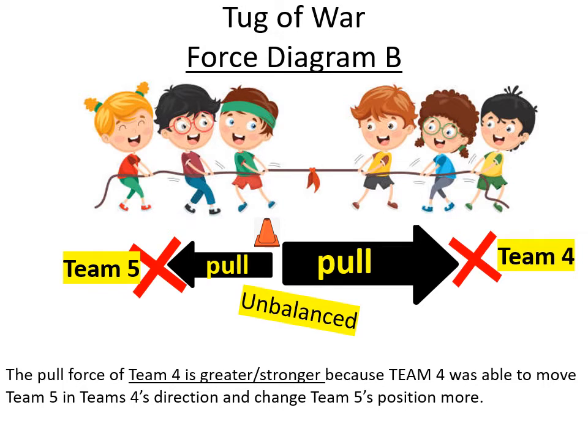However, when the pull force of Team 4 is greater and stronger because Team 4 was able to move Team 5 in Team 4's direction and change Team 5's position more, the forces are unbalanced. So look at the bigger pull arrow for Team 4.